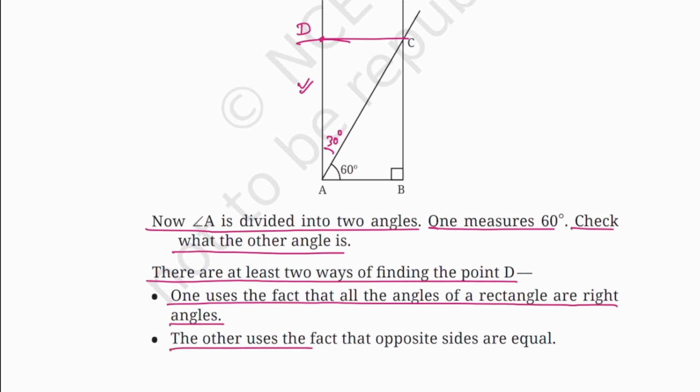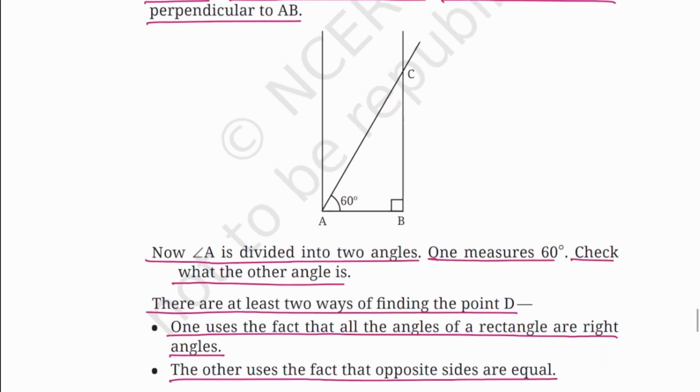The other uses the fact that opposite sides are equal. You can get the point D by drawing a perpendicular at point C, like this. It will meet the perpendicular drawn at point A at point D.